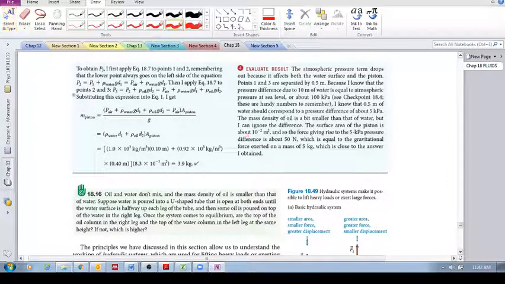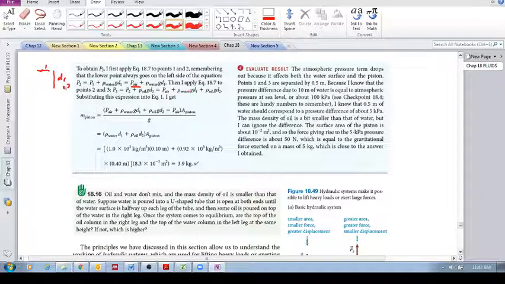So pressure 2 is equal to pressure 1 plus density of water times g times D1, where D1 is the difference between point 1 and point 2. And what was the pressure there? It was the atmospheric pressure, the pressure in the air, plus the density of water g D1. I think that's pretty straightforward.